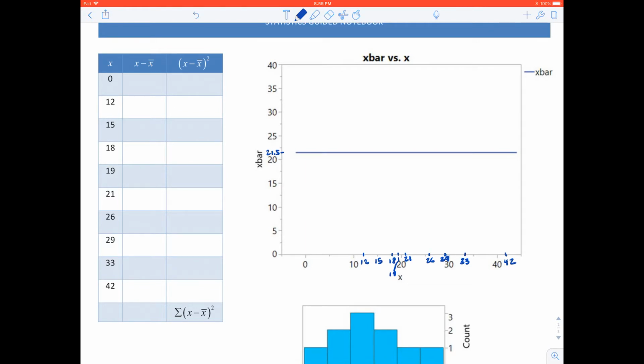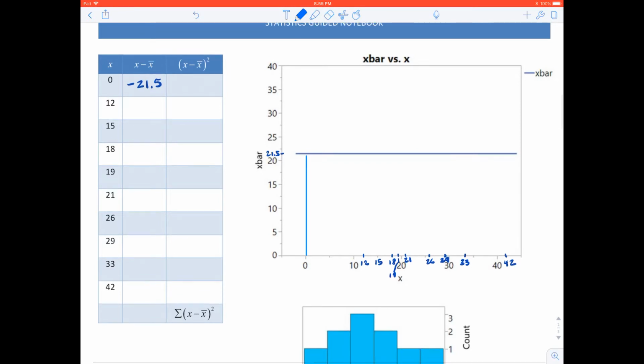If you end up with a negative, it means that value is below the mean. So here, x minus x bar, wouldn't that be 0 minus 21.5, which would be negative 21.5. So if I take a look, this distance here that I just wrote out is 21.5 units or dollars below the mean.